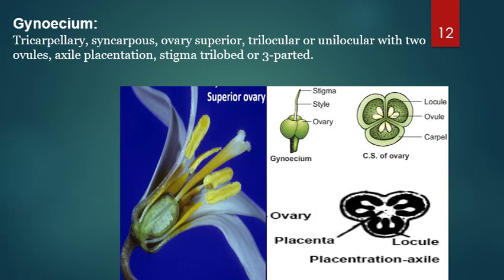So here we have the fourth whorl of flower, that is gynoecium or pistil. As you know, gynoecium consists of carpels. So in Liliaceae family, the gynoecium is tricarpellary. It means it possesses 3 carpels, as you observe in this figure. 1, this one is 2, and this one is 3.